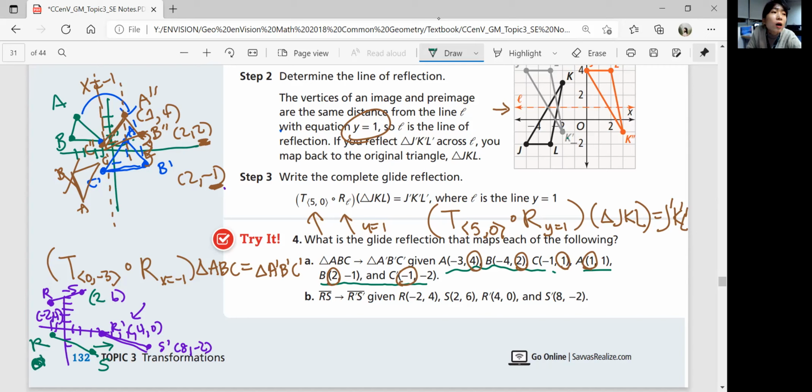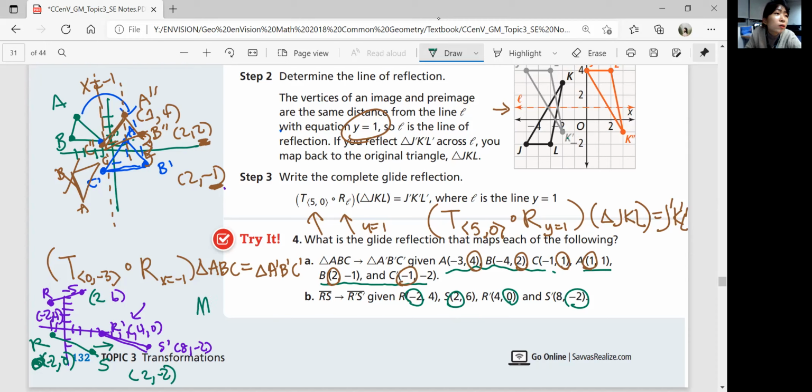Because your R, the middle point R, should be -2, comma, the same height, so 0. And S should be 2, comma -2. Okay. So what are the midpoints?